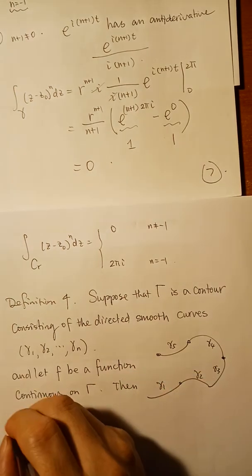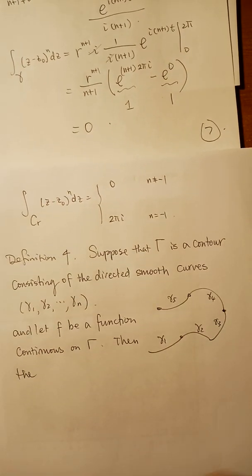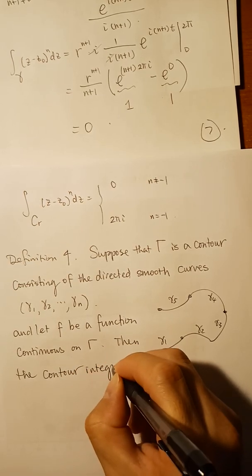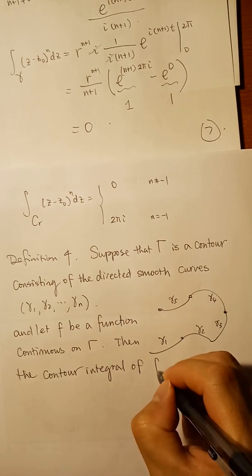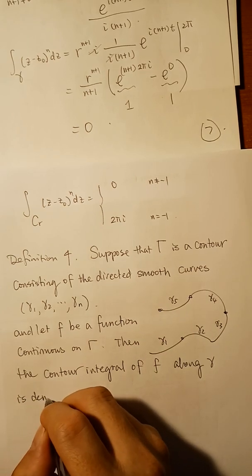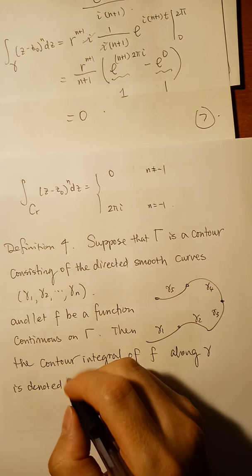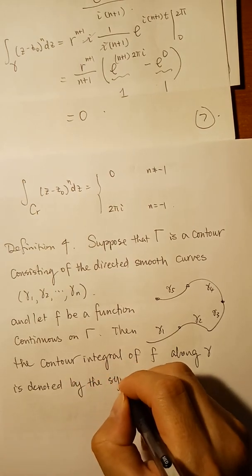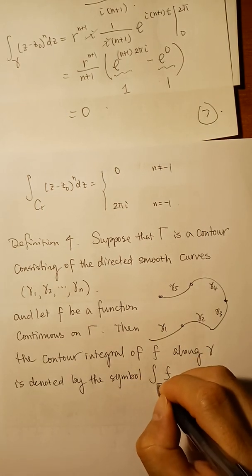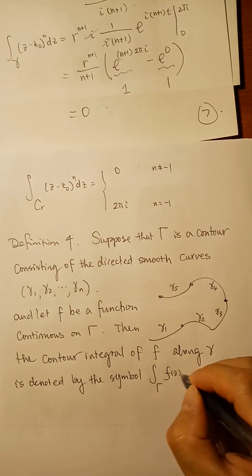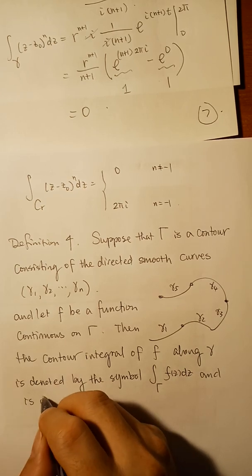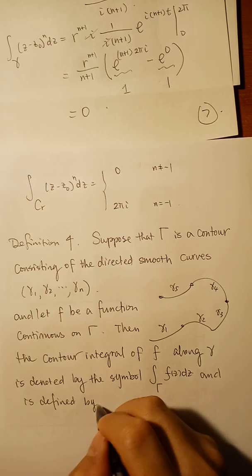Then the contour integral of f along gamma is denoted by the same notation, the integral of f(z) dz along gamma, and is defined by the equation.